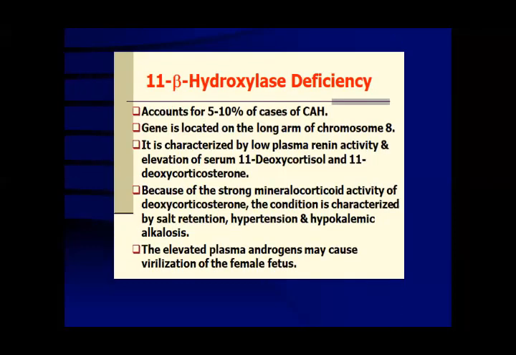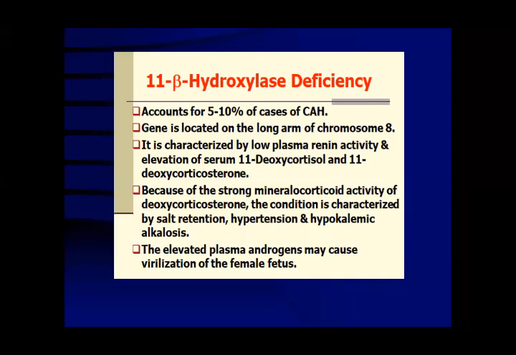In 11 beta hydroxylase deficiency, it accounts for 5 to 10% of cases of these deficiencies. These occur in congenital adrenal hyperplasia. Every sort of deficiency produces a few specific points.